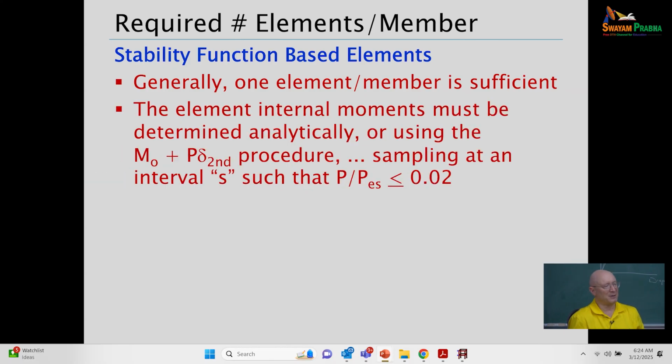But again, what goes along with that is, okay, you used a very coarse discretization of your structure. If you have a case where the internal moments are larger than the end moments, we've got to deal with that in some way.